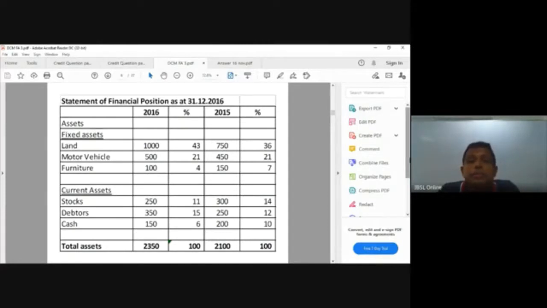A branch like Peta might be the highest profit contributor to the overall bank's profit, right? Therefore, in that case, the best method is to take this vertical analysis, right? In a credit analysis, if you are to compare different size entities, the best thing is to use this technique. All right.